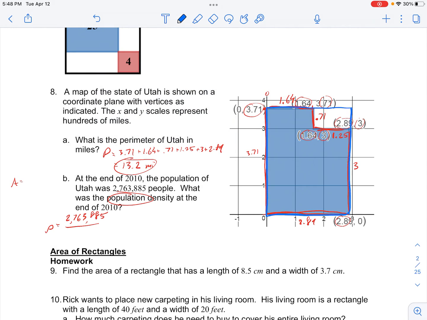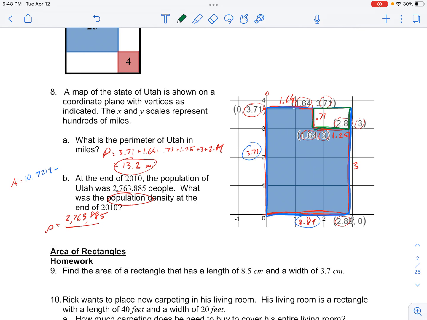So that'll be an area of 3.71 times 2.89, which will give us 10.7219. And we want to subtract this little area here in order to get the area of the shaded region in blue.